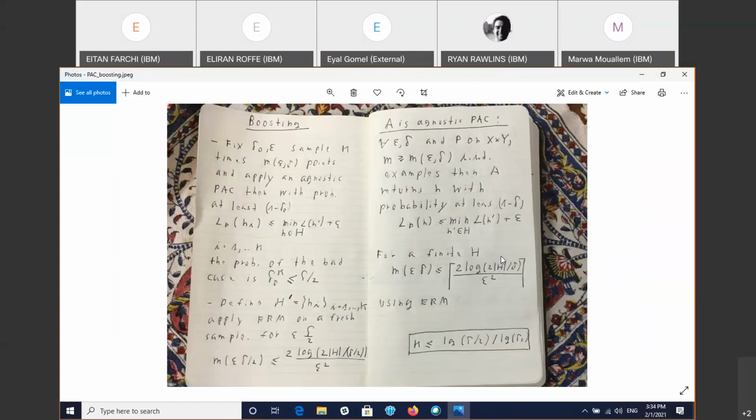And if it's finite, then you just get its size. But if it's not finite, like for instance even for logistic regression, it will not be finite, because it has infinite parameters, right? Parameters of type real number.